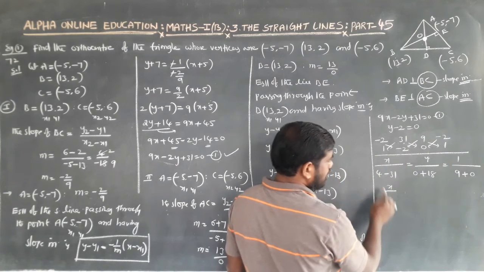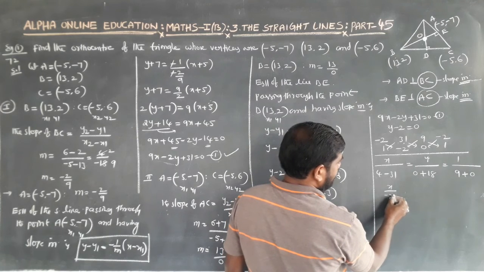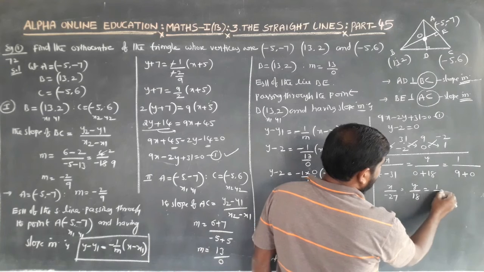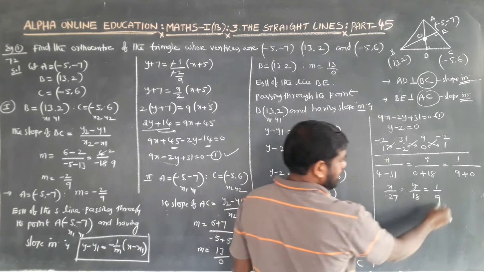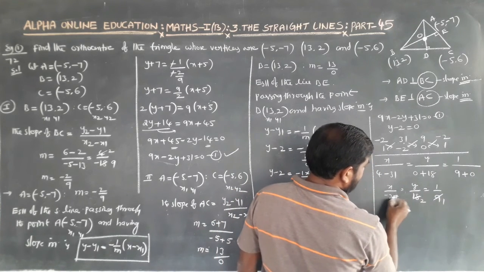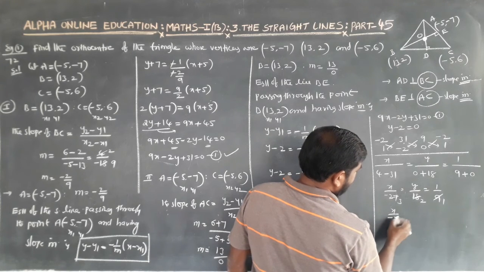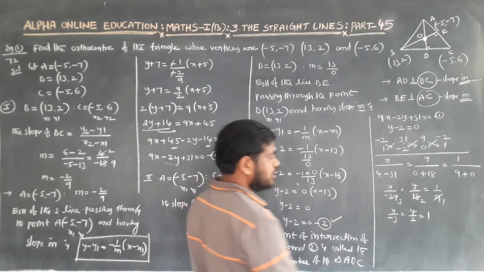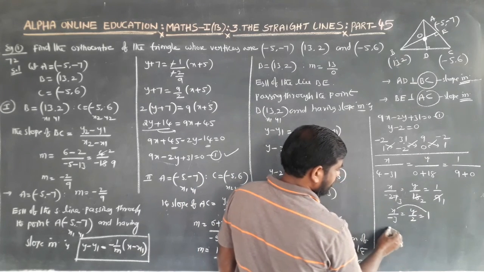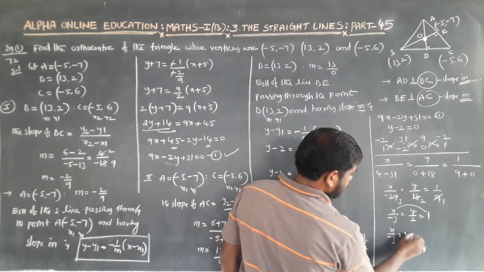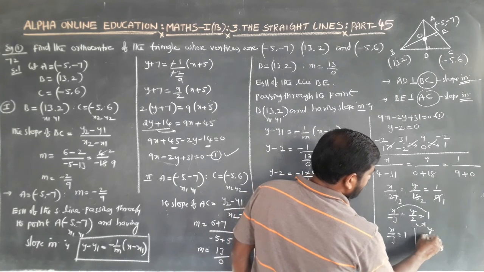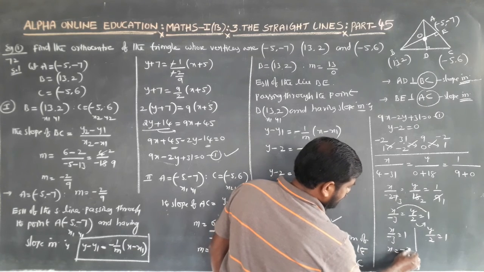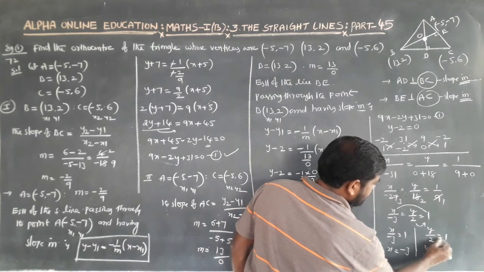So x by minus 27, y by 18, equal to 1 by 9. That gives x by minus 3 equal to y by 2 equal to 1. So x by minus 3 equal to 1 gives x equal to minus 3, and y by 2 equal to 1 gives y equal to 2.